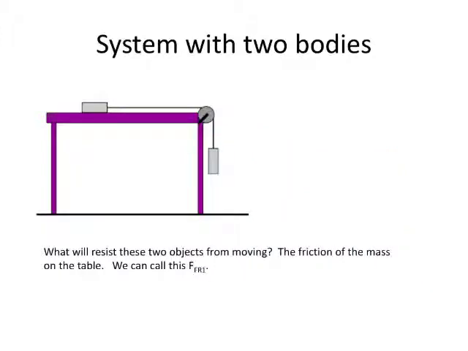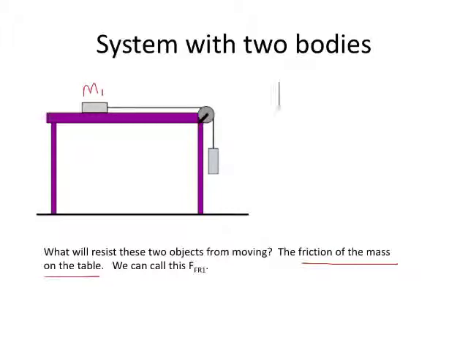So, another question to ask is, what is going to resist movement? We're used to resistance being friction. Typically, we're going to work with these problems assuming that air resistance is negligible, because typically it is. This isn't going to fall a huge long distance. So what creates the greatest resistance is the friction of the mass on the table, or mass 1. So we'll call this force of friction 1.